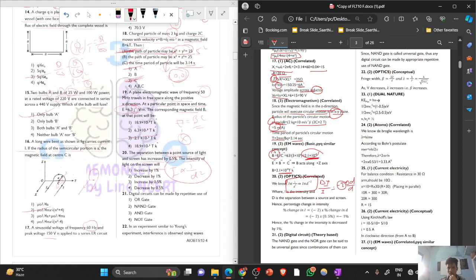And if delta d by d is equal to 0.5, then it will come out to be minus 1%. So a decrease by 1%. This will be your answer.